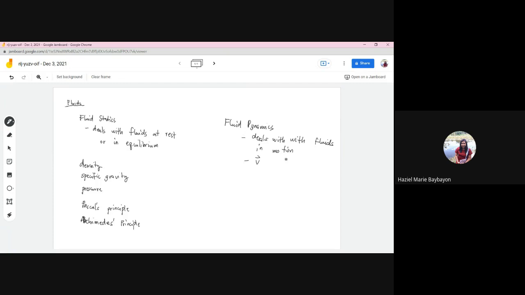And then we have fluids that are in motion. So again, nanantay velocity, no? Fluids in motion can be described by the continuity equation. So ilang behavior ay pwede nato ma-describe mathematically using the continuity equation as well as the Bernoulli's principle, Bernoulli's equation.